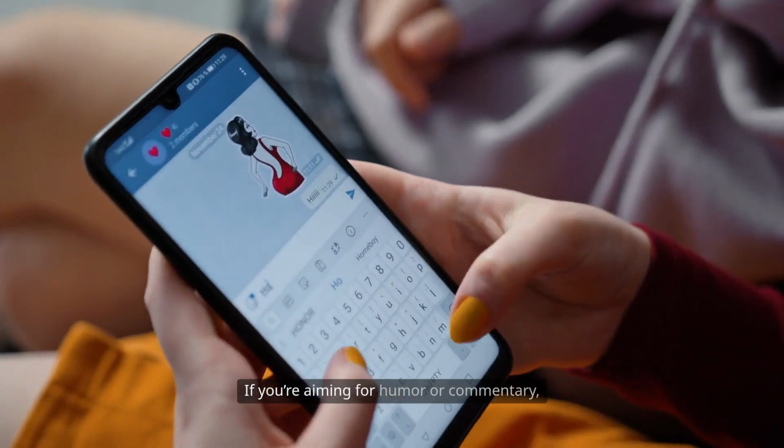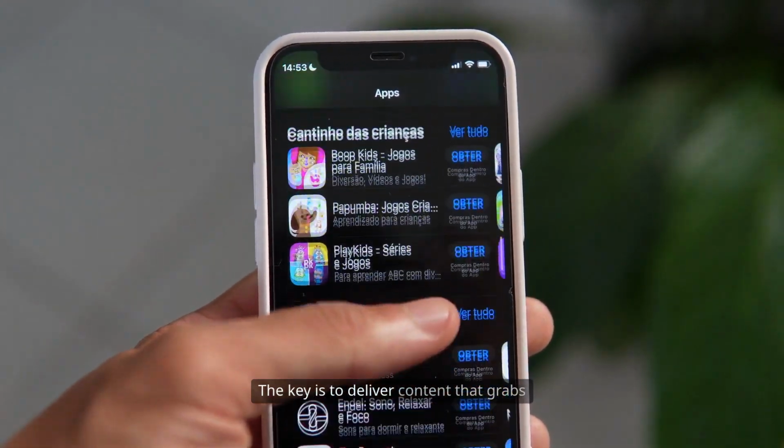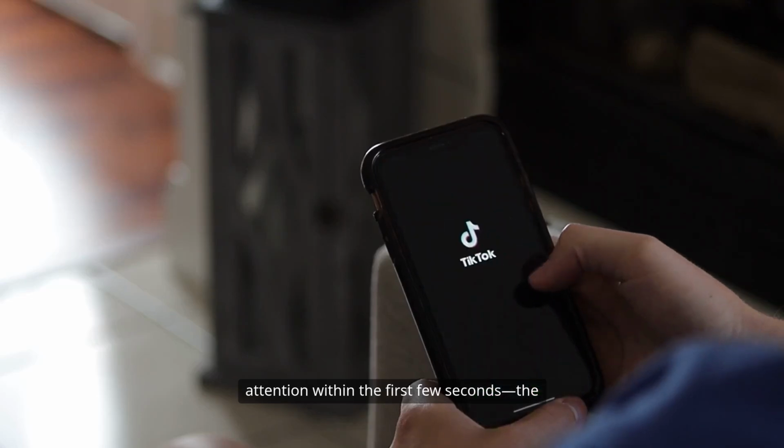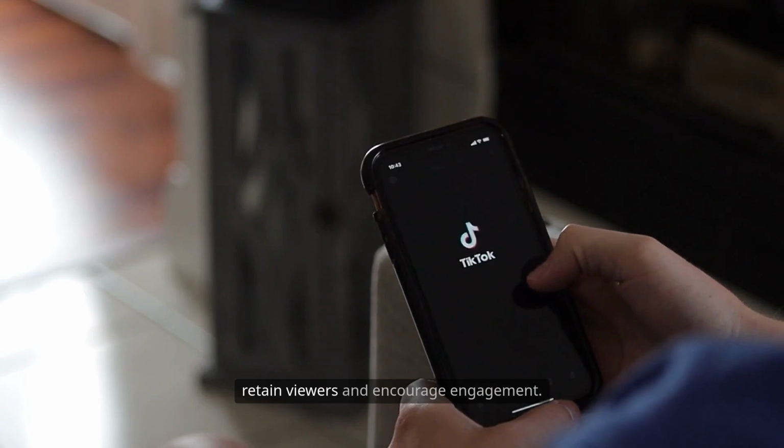If you're aiming for humor or commentary, you could use memes, reaction clips, or creative editing. The key is to deliver content that grabs attention within the first few seconds. The TikTok algorithm favors videos that retain viewers and encourage engagement.